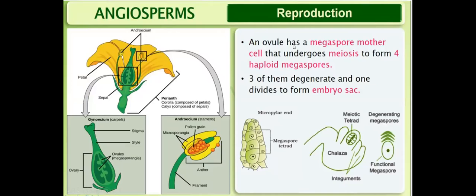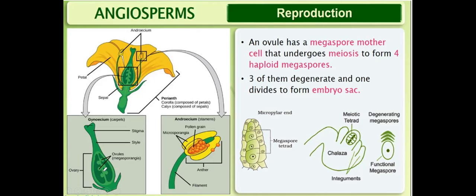An ovule has a megaspore mother cell that undergoes meiosis to form 4 haploid megaspores. Three of them degenerate and one divides to form the embryo sac.